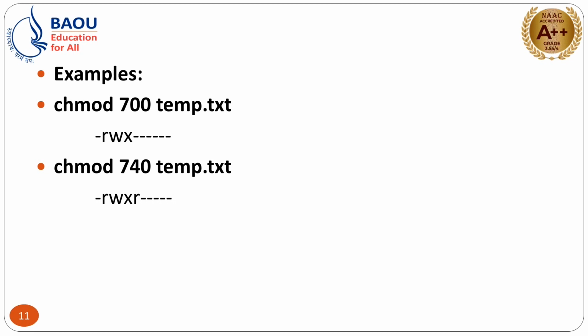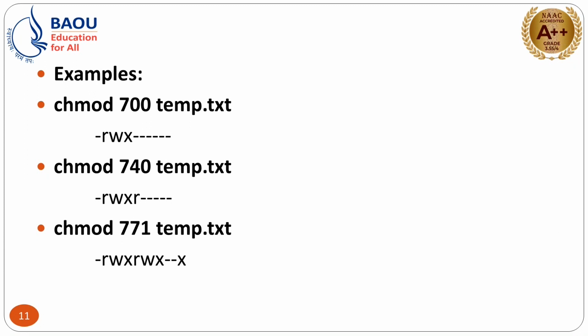And then 0 means for the other users, other than the owner and other than the group, no permission, read, write or execute, no permission that you want to give, in that case you are using 0. Another example, so you can get more idea, 771.